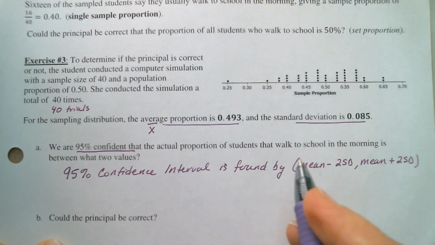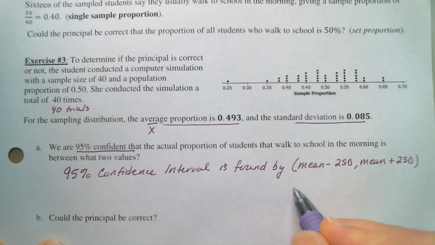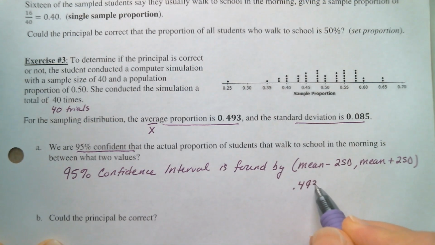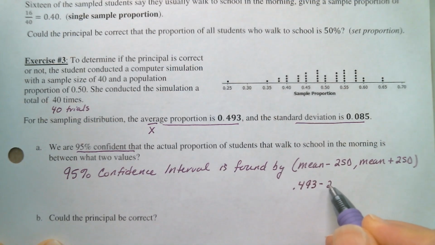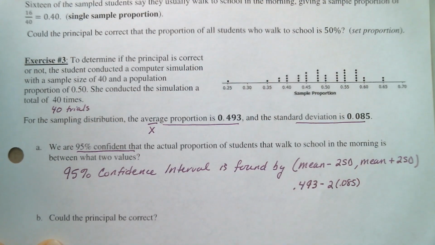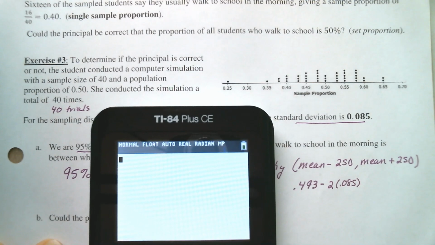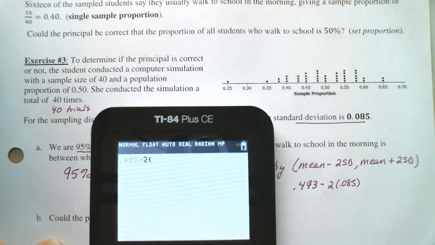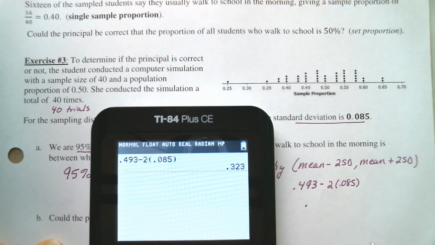Our mean is 0.493 minus 2 times 0.085. We go to the calculator. 0.323.